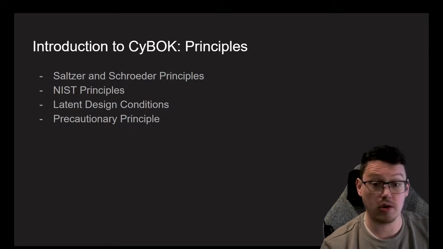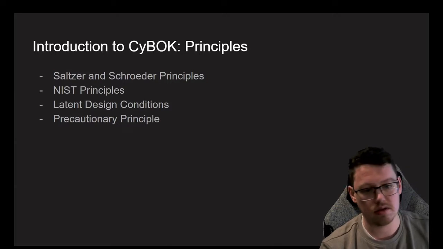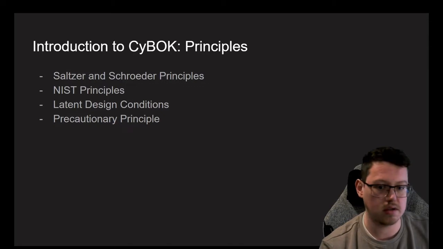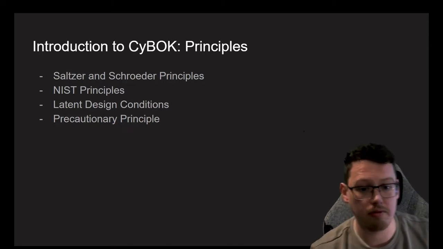And then we'll look at the precautionary principle. This is the idea that we should give consideration to potential problems if we are making changes to a system, especially considering security. We should give due consideration to the issues that might occur before we deploy.